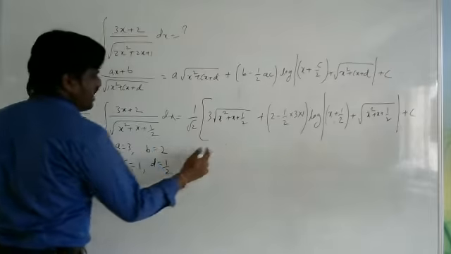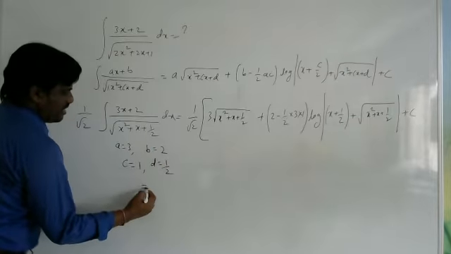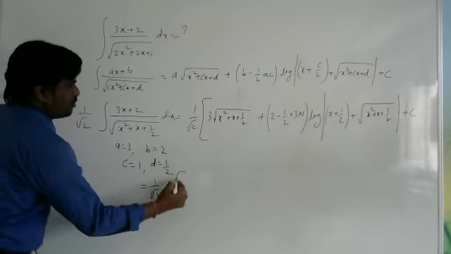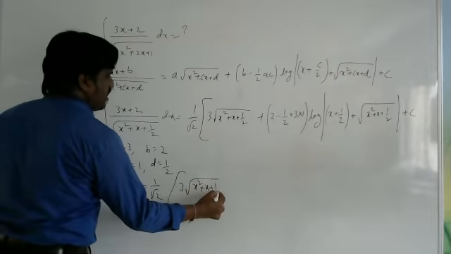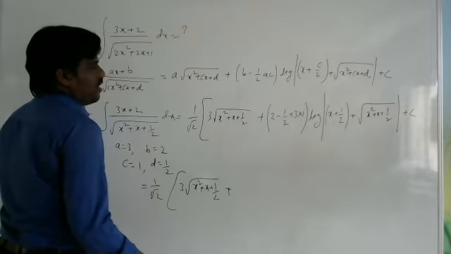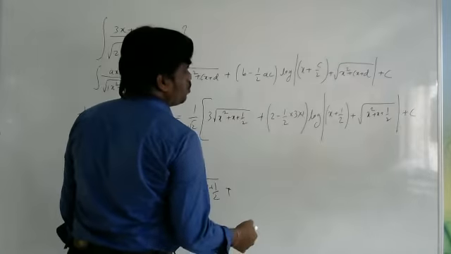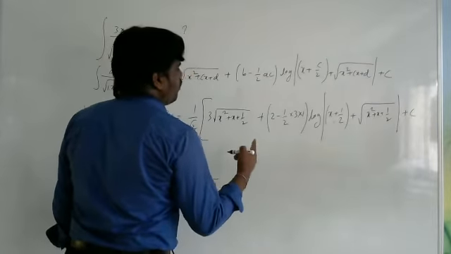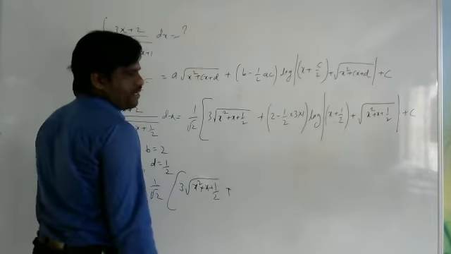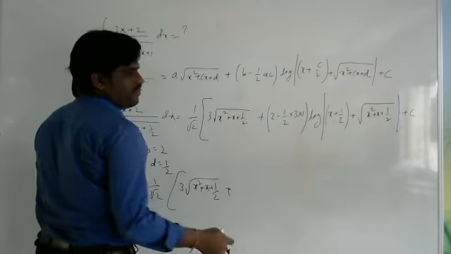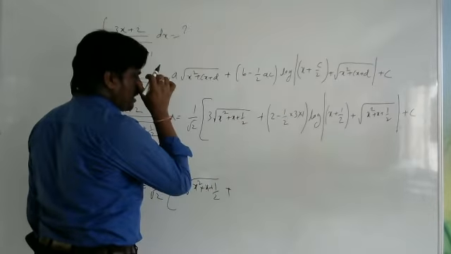So if you simplify this, you are going to get the final answer. The answer is 1 by root 2, 3 under root of x square plus x plus half, plus here I can write 2 minus 3 by 4. 4 minus 3, that is 1 by 2. If I do LCM, 4 minus 3 by 2, that is 1 by 2.